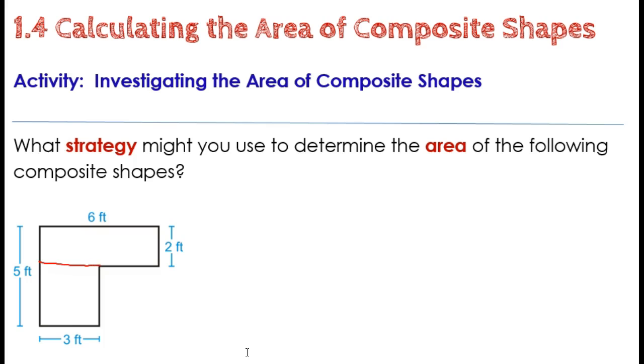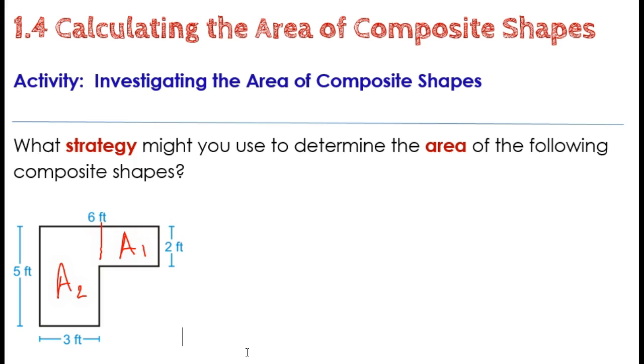Separated along this line, I have a rectangle right here, which I could call A1, and another rectangle right here, which I could call A2. So area 1 and area 2. Another way to go about this, which would be equally good, would be to separate this into two rectangles along the other edge, and both of those work perfectly fine. Since this is the last one I've done, we're going to work with that. So I'm going to call this A2 and A1.